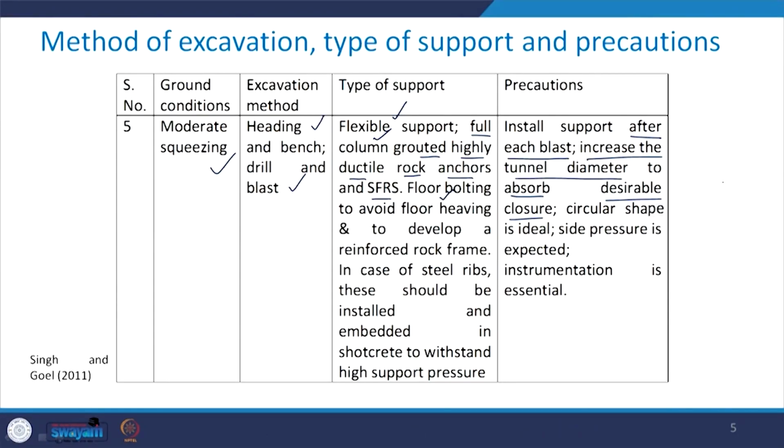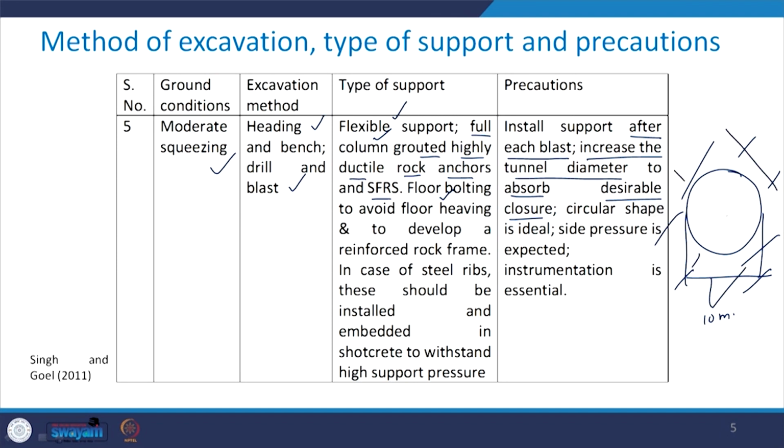See here in this figure, this is what is your final diameter of the tunnel. Say this is 10 meter for instance. Now, if it is the squeezing ground condition, say all around this tunnel, now what will happen? Because of this, rock will squeeze inside the tunnel.